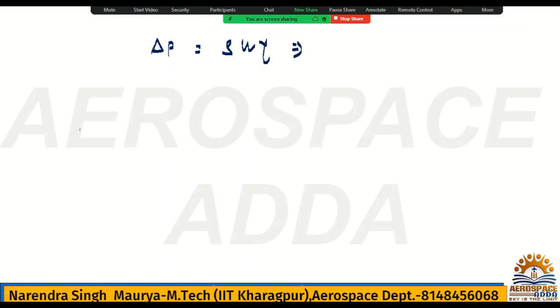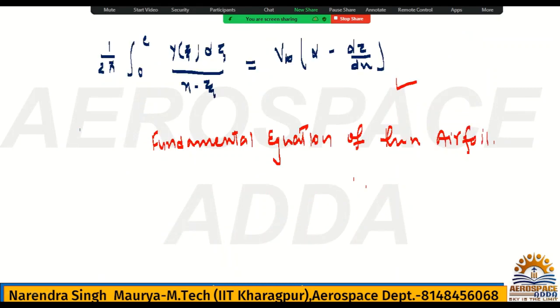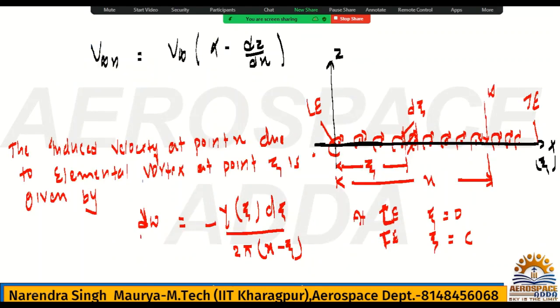Now in our case, what velocity had we taken? We had taken the velocity v infinity. If you check the previous derivation, or any previous diagram, the free stream velocity we had taken was v infinity.